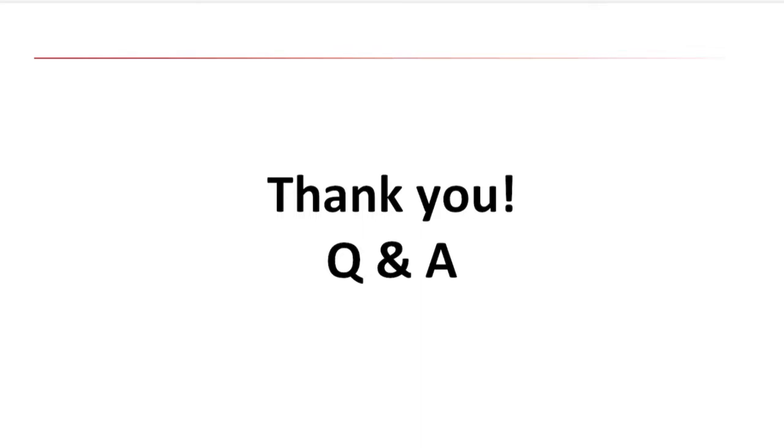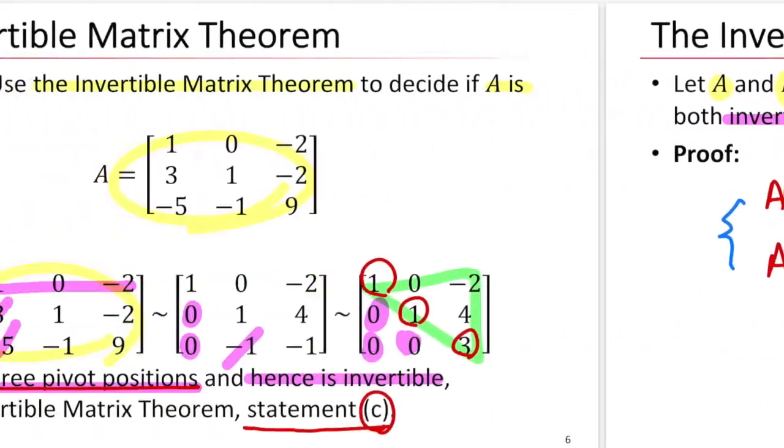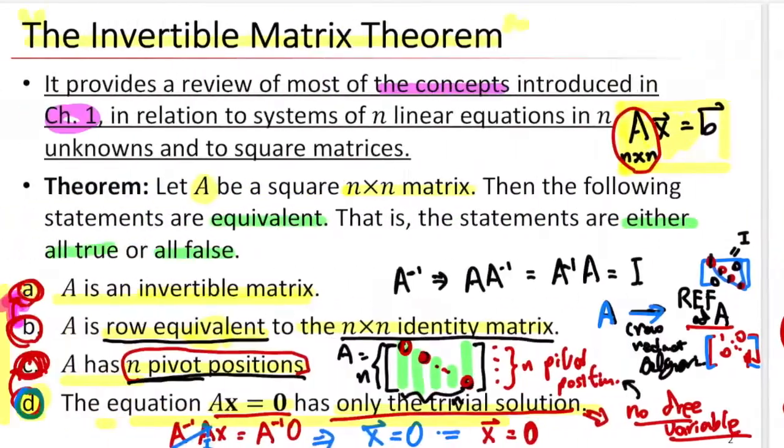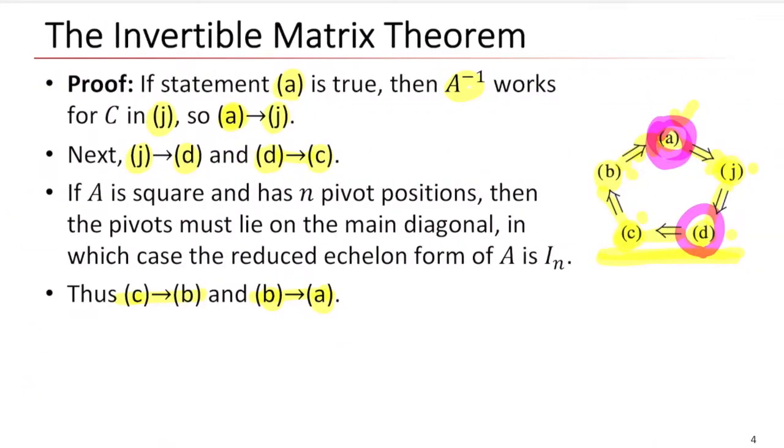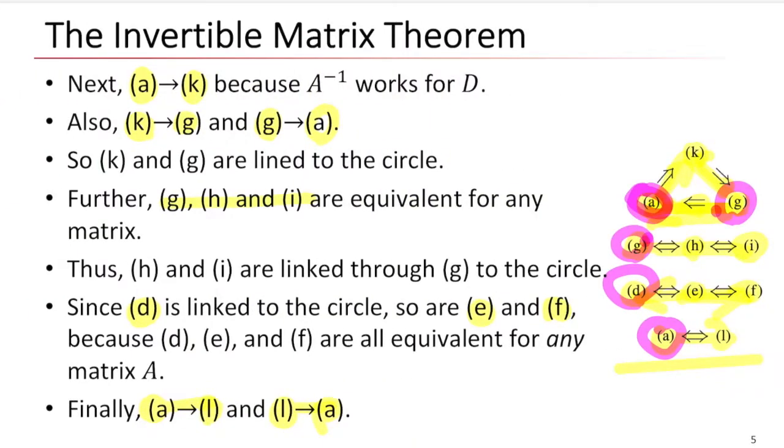This is the end of today's lecture. As I mentioned at first, this invertible matrix theorem is one of the most important theorems in this chapter. So please try to understand the meaning of each terminology, and then try to prove those kinds of sub-theorems.